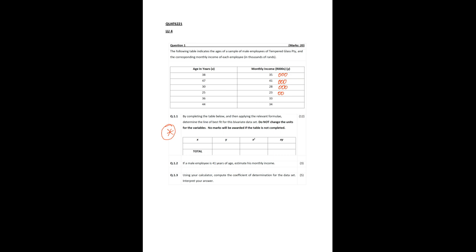If they have left out the zeros and they just indicated, like they did here, that it's in thousands, you will leave it as is. Don't add the zeros, leave it as that 2-digit number. So I'm just going to write that here.